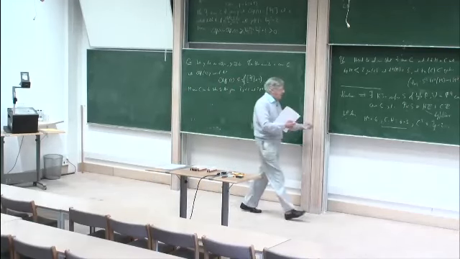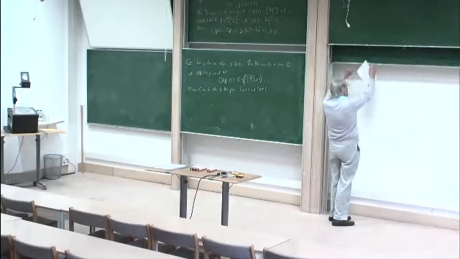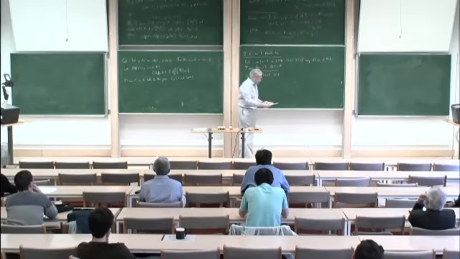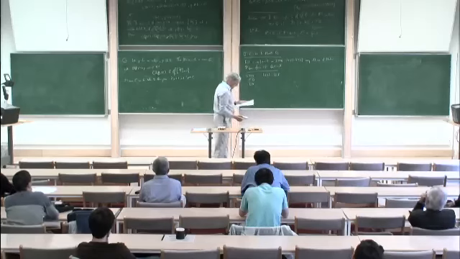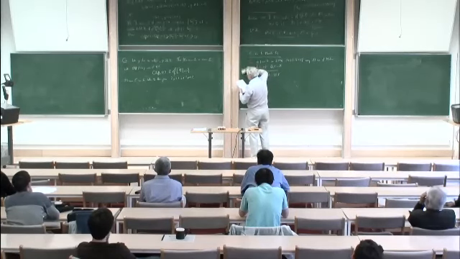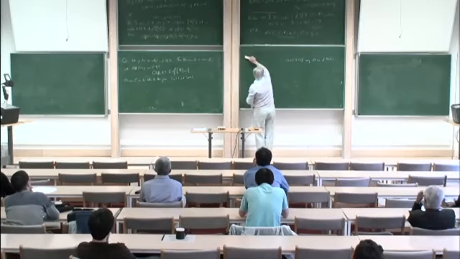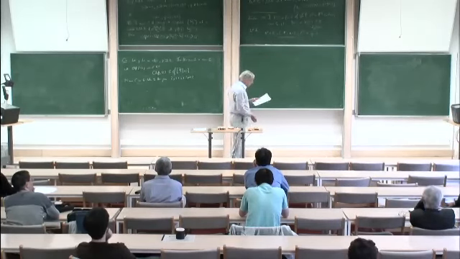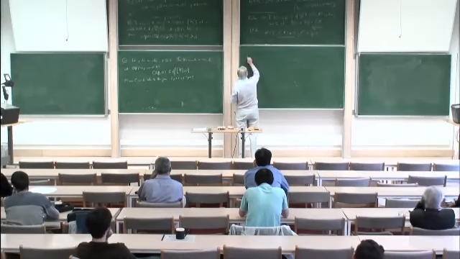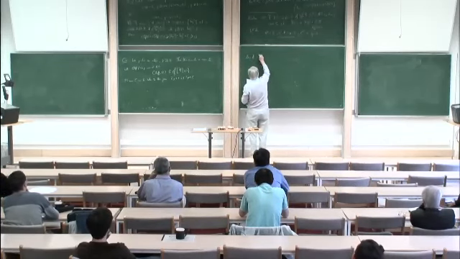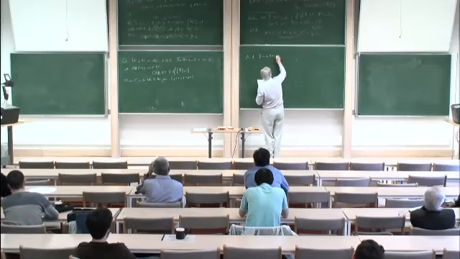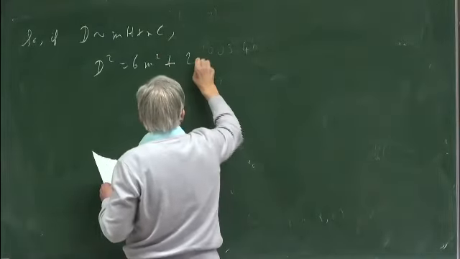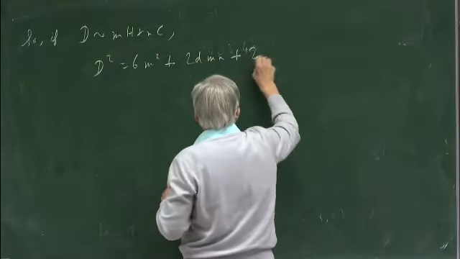So if D is equivalent to mH plus nC, D squared is 6m squared, of course, plus 2d mn plus (2g minus 2) n squared.